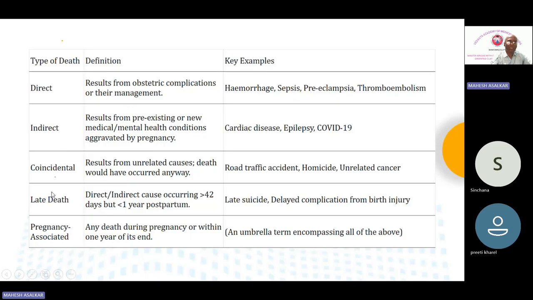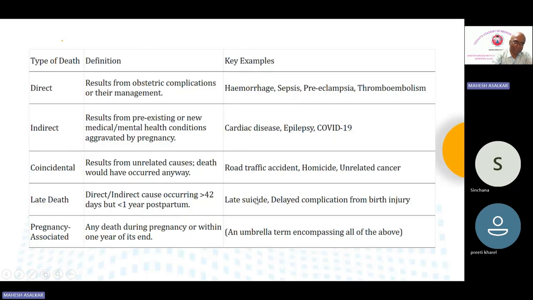Then what is late death? In the WHO definition of maternal death, they considered up to 42 days, but MBRRACE considers up to 1 year postpartum. So a late death, that is a direct or indirect death occurring after 42 days but less than 1 year postpartum, comes under late death.